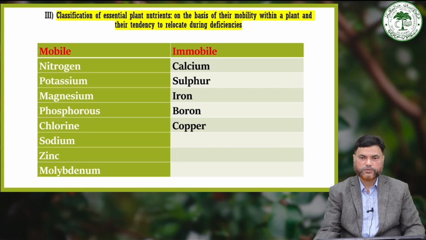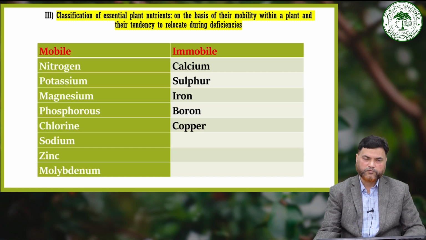Consequently, deficiency symptoms for immobile elements are typically observed first in younger leaves, as these nutrients are not easily translocated to other parts of the plant. So in this aspect, immobile elements are very important because their deficiency symptoms will be reflected in the younger parts.